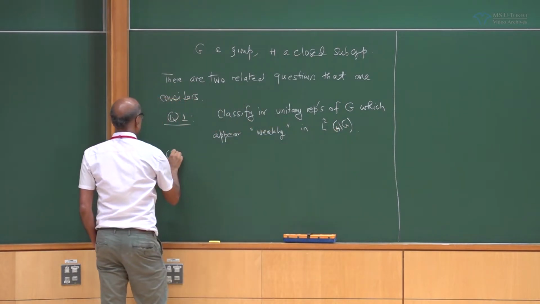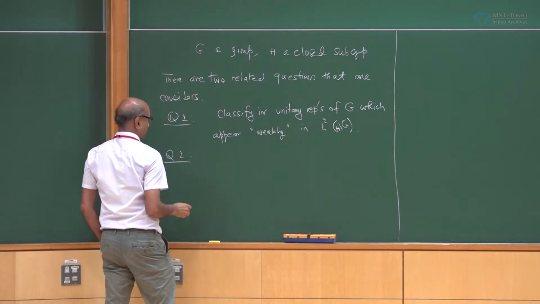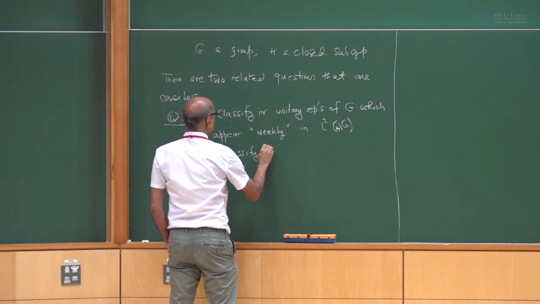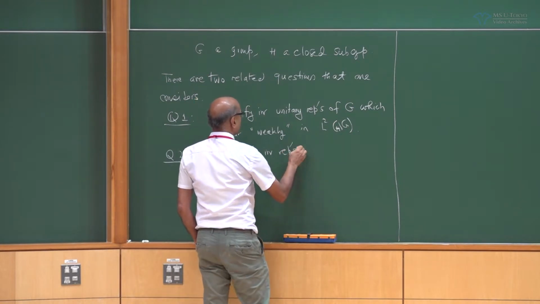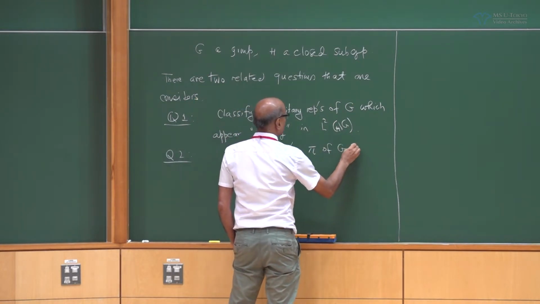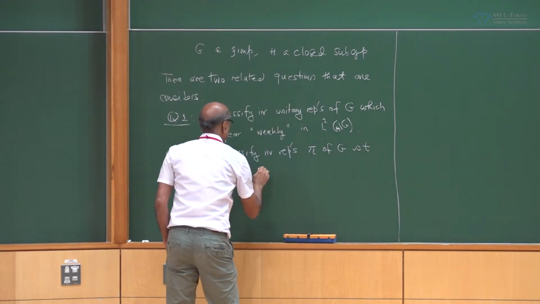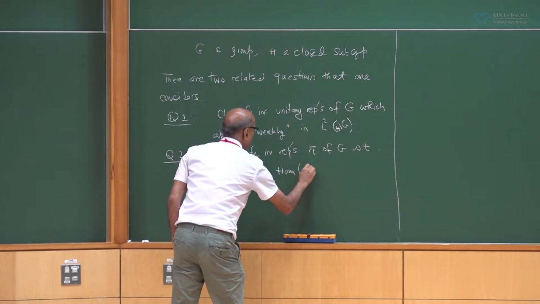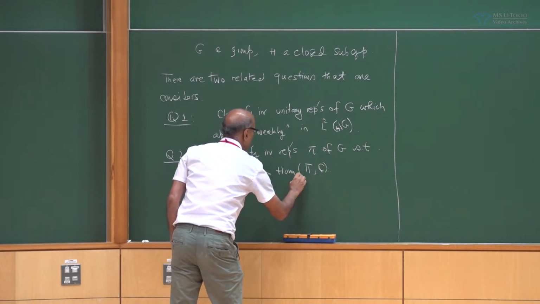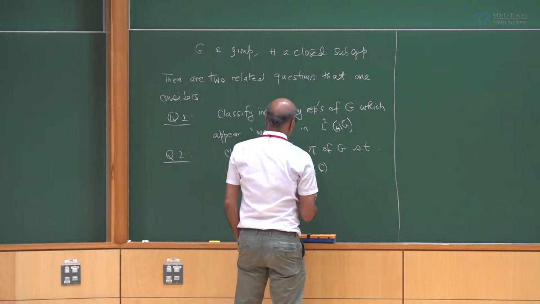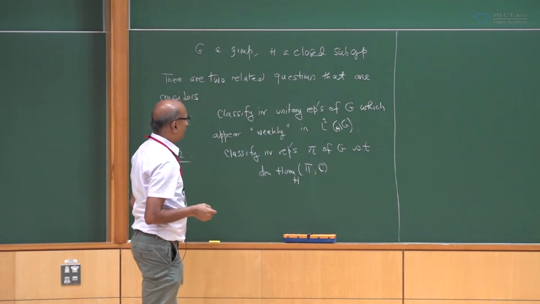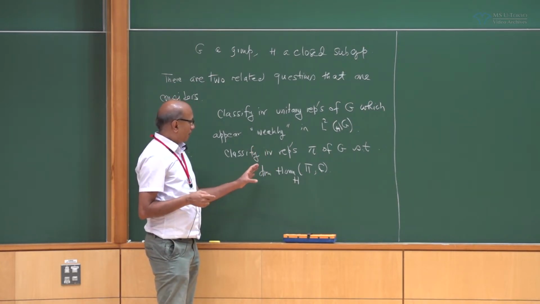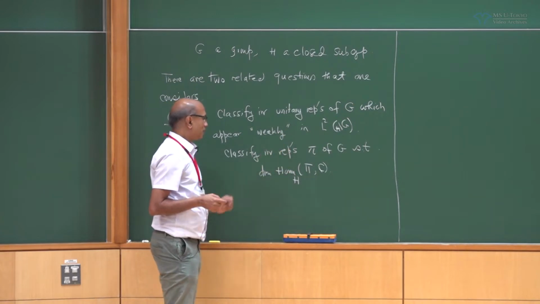And question 2 is: classify irreducible representations pi of G such that the dimension of the Hom space Hom_H(pi, C), of H-invariant continuous linear forms, is non-zero. I will not emphasize continuity, because that would be unnecessary in the context that we will be dealing with.